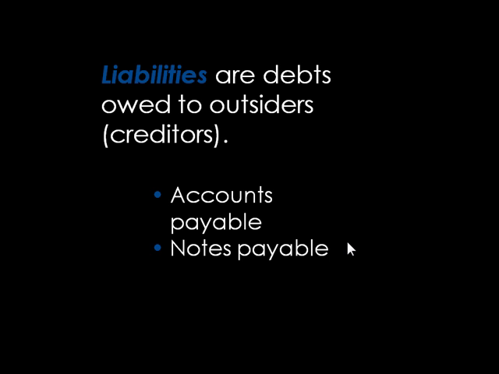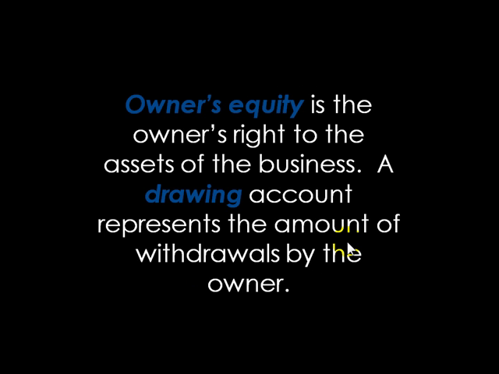Liabilities are debts owed to outsiders or creditors, such as accounts payable, notes payable, wages payable. They don't always have the word payable in it, but that's a good clue that that's a liability. Owner's equity is the owner's rights to the assets of the business. So a drawing account represents the amount of withdrawals by the owner. So the equity is what's left over after you have your assets less your liabilities.